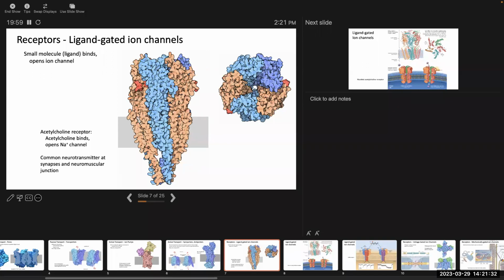The acetylcholine diffuses across that gap, binds to this molecule. The channel opens and sodium ions rush into the muscle cell this time, and that creates an action potential in the muscle cell, which eventually then opens the calcium channels that allow muscle contraction to take place.